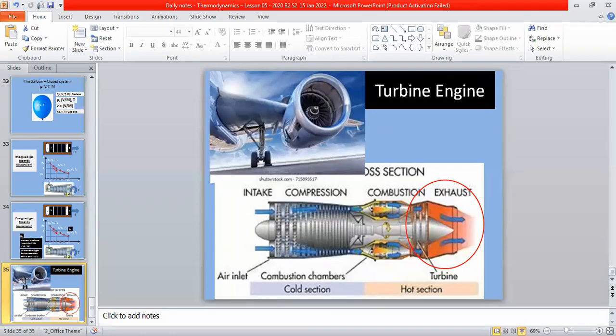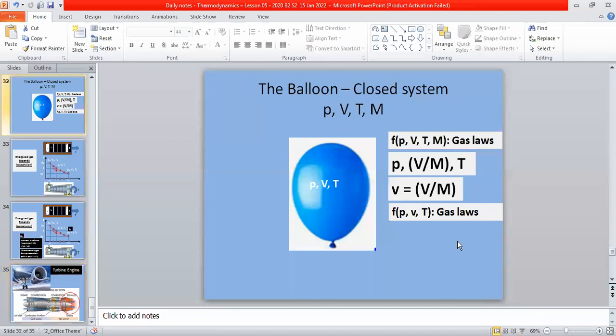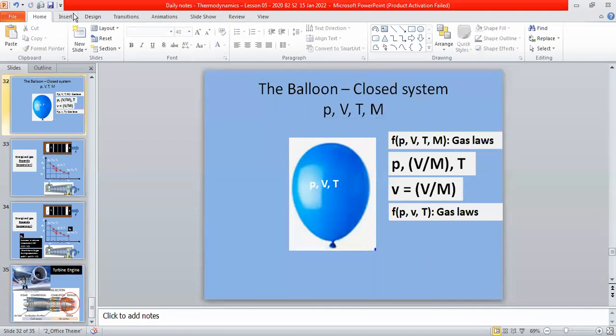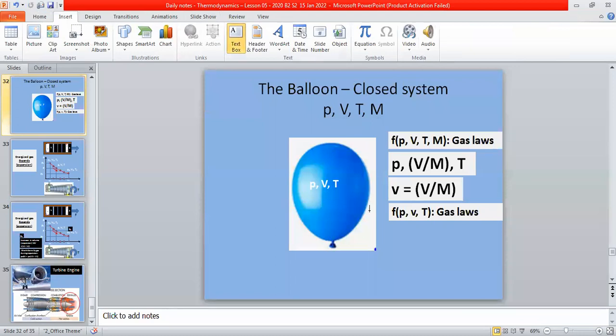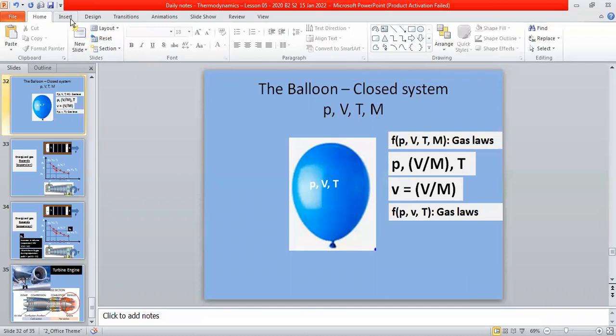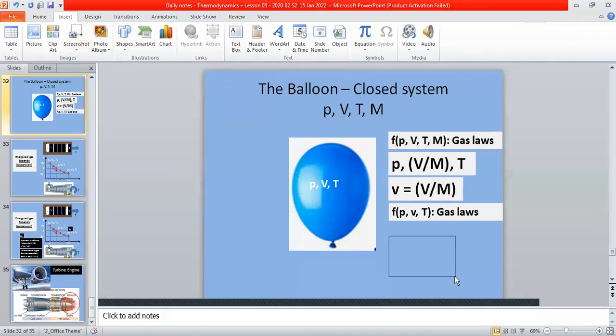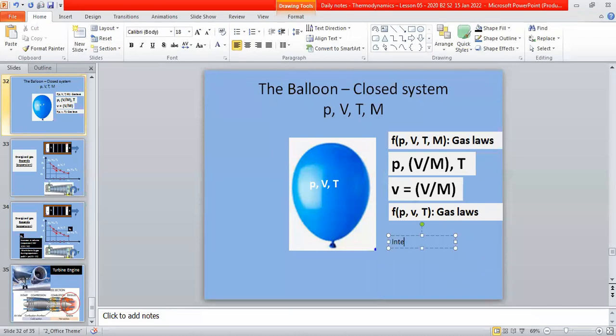You check your notes. Check in your notes what the intensive and extensive properties are.